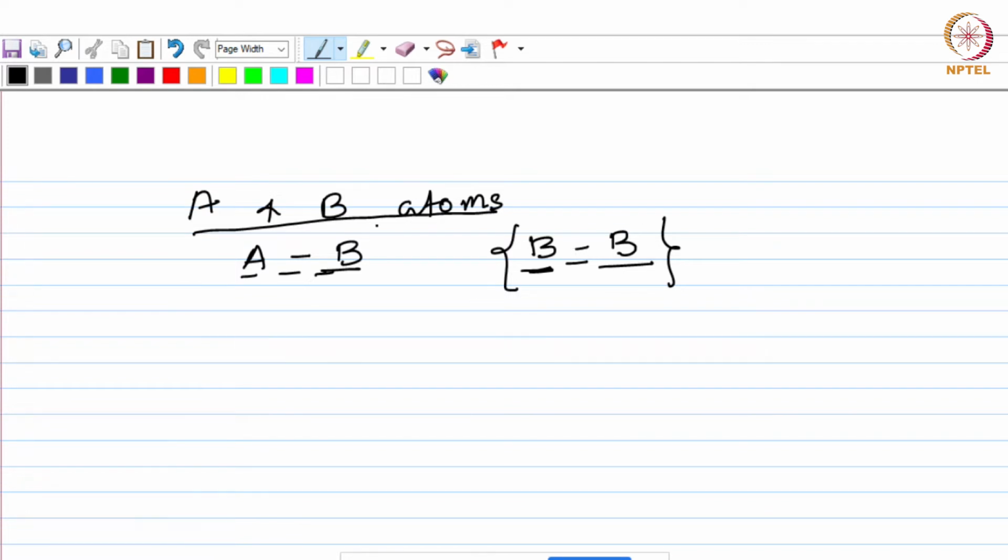Okay, so if the tendency of having similar or dissimilar atoms is equal, then this will be a random kind of solid solution, where the arrangement of the A and B atoms will be random. Okay, so there is no preferential arrangement for the B or for the A atoms, right?